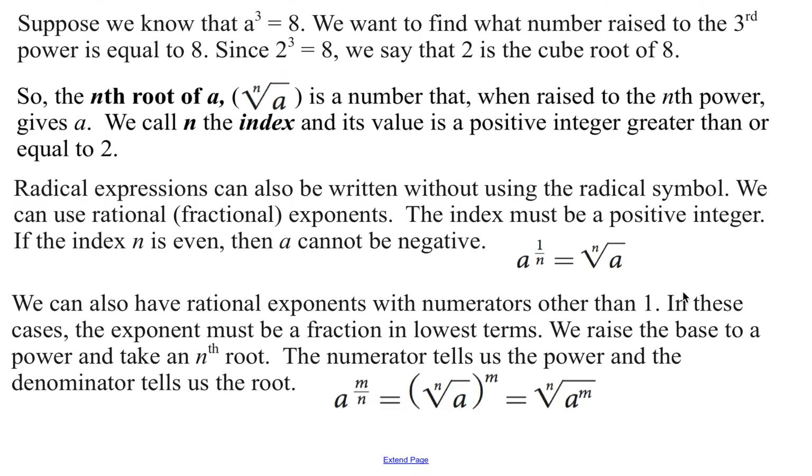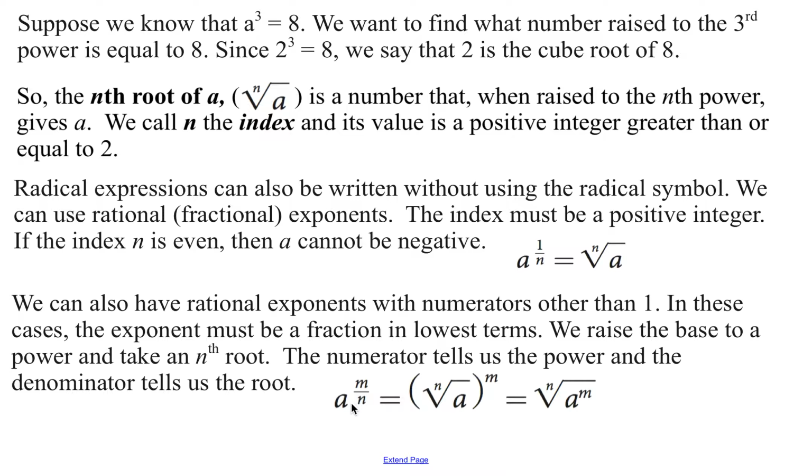We can also expand this out and have rational exponents that have a numerator other than 1. We can have things greater than 1. So let's just say it's an unknown value m. So we could have some base value to a fractional exponent. And if we were to write that in radical form, so again, here's exponential form.